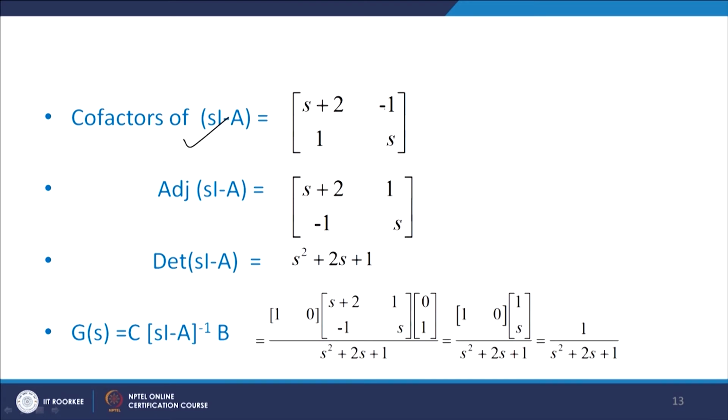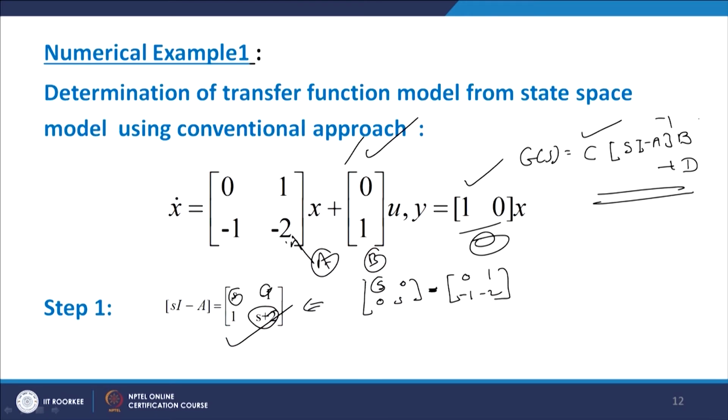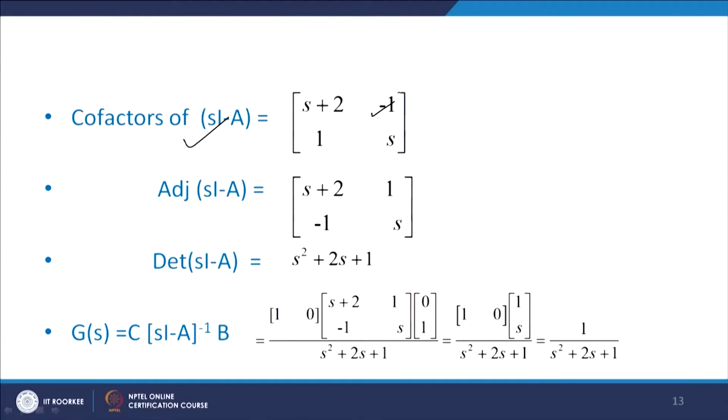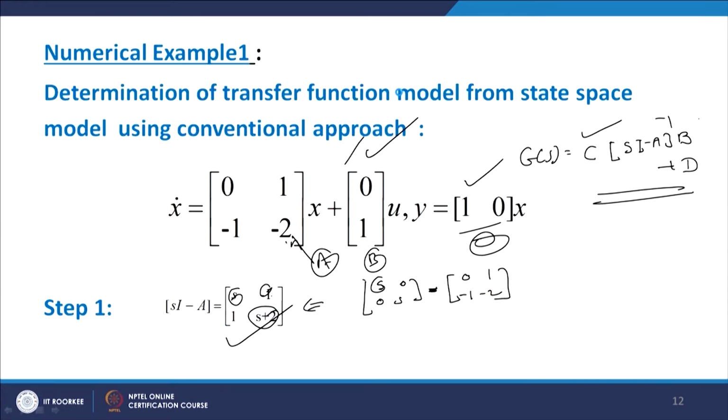It is minus 1 because this is in the first row and second column, so whatever elements we get here, we have to assign a negative sign. Similarly, the cofactor of this one is 1, and the cofactor of this is s.